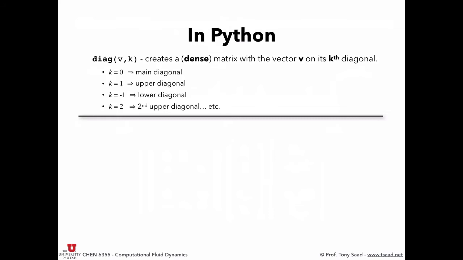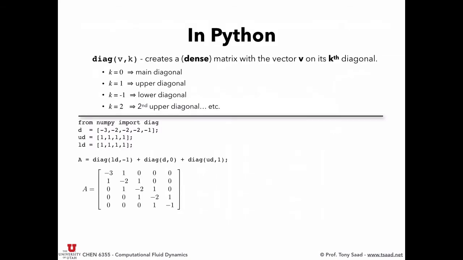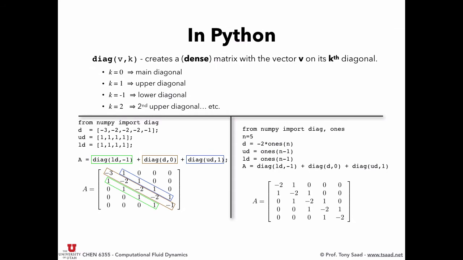And that essentially uses the function called diag that takes a vector of entries, so main diagonal, upper diagonal, or lower diagonal, and combines them, puts them in a matrix. The problem, though, is that the matrix that results from using diag is stored as a dense matrix. So all the 0 elements are also stored in the matrix, okay?